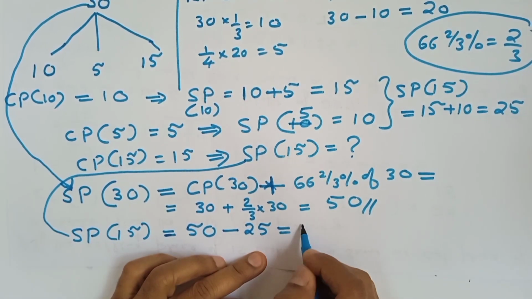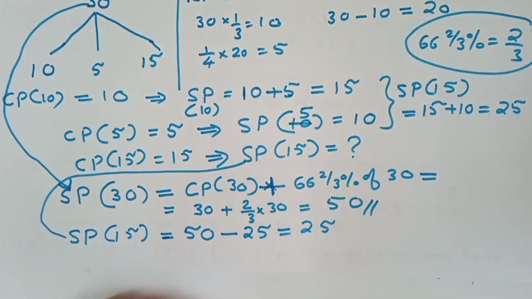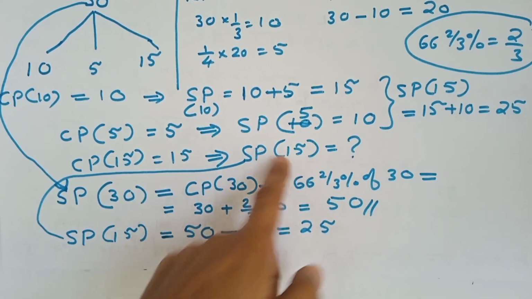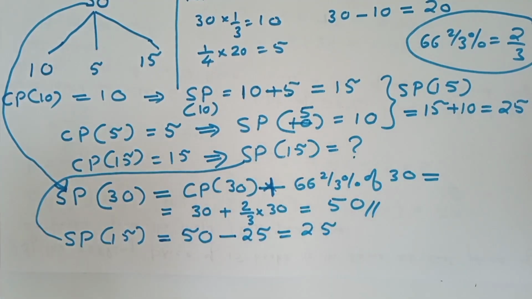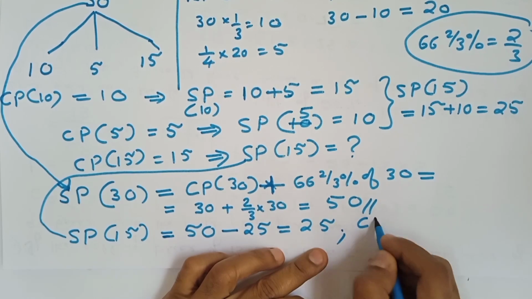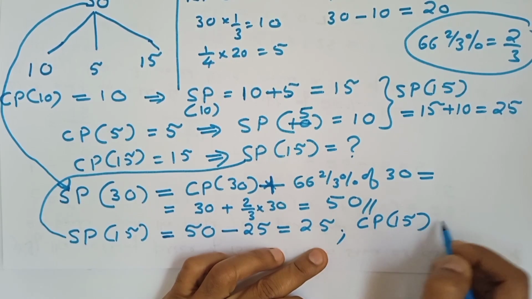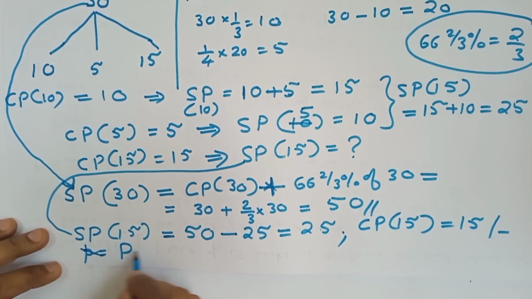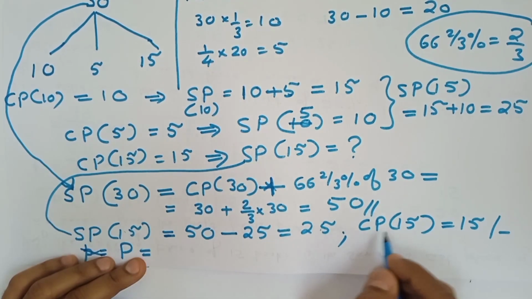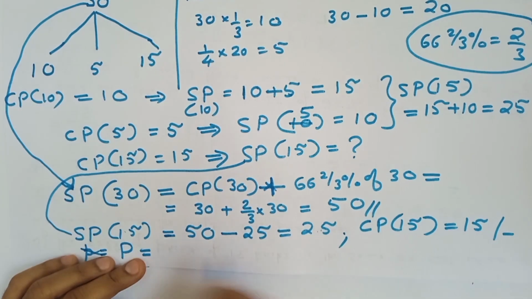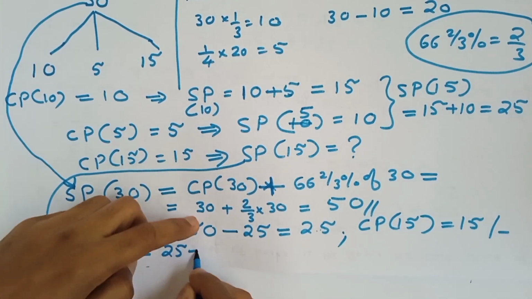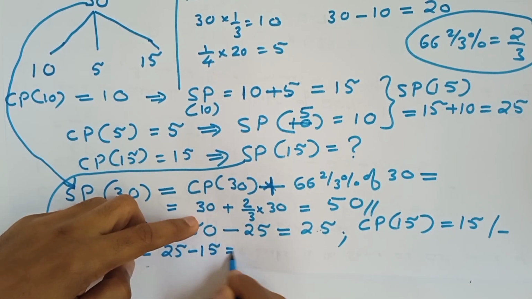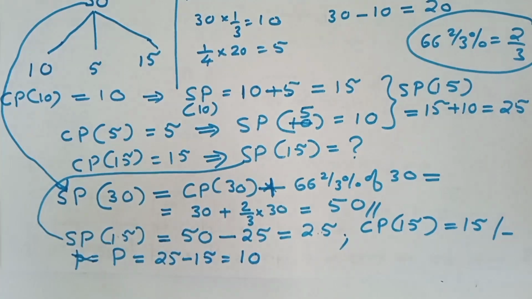So remove that, 25 rupees. So SP of this 15 must be 25 rupees. We know CP of 15 is 15 rupees. Okay, let me write absolute profit. Absolute profit will be this minus this, which is 10 rupees.